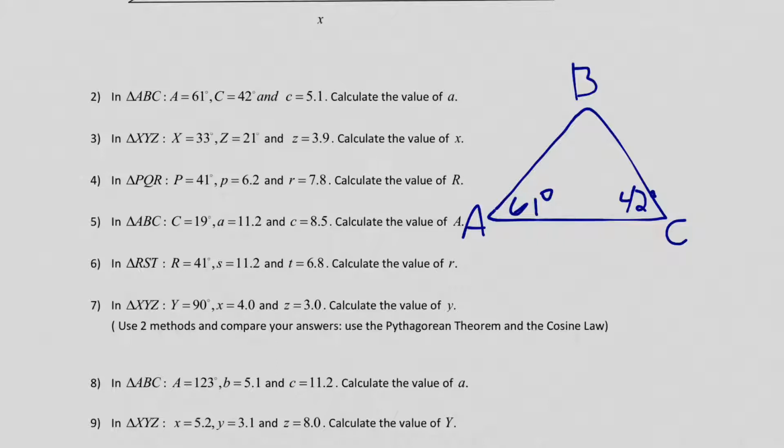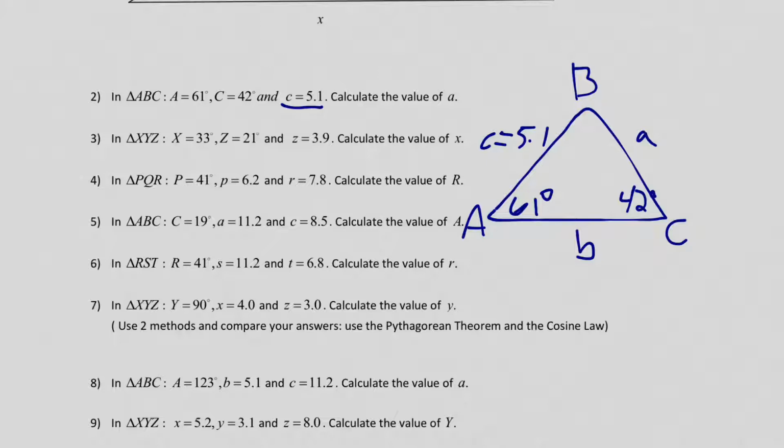Now, the other piece of information that we're given is that the side length c, lowercase c, is equal to 5.1. So that means lowercase b is down here right across from uppercase B, and lowercase a over here, indicating the side a is directly across from uppercase A. Great, so we have labeled the triangle correctly.